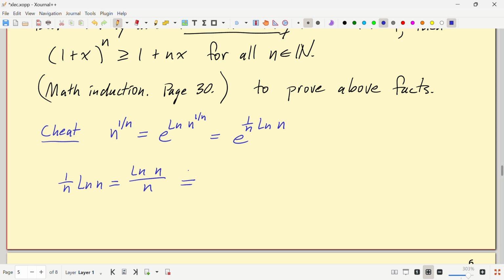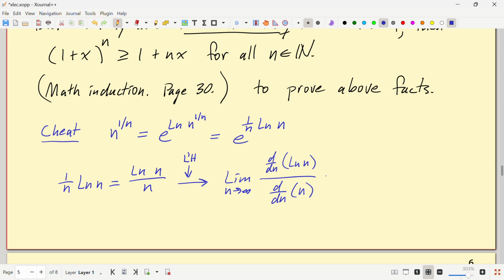And you use L'Hopital's rule to show that that goes to, so let's see, this tends to, so that's not an equal, that tends to the limit as n goes to infinity of the derivatives, d by dn of log n over d by dn of n. By the way, we're going to demonstrate L'Hopital's rule from first principles later in this semester. So that's why I'm cheating.